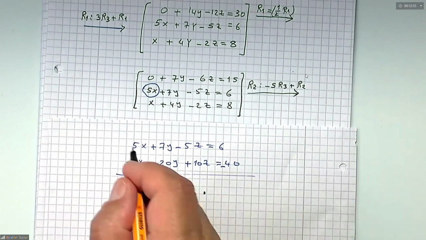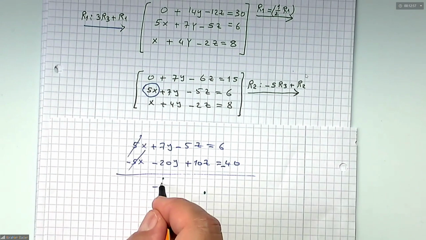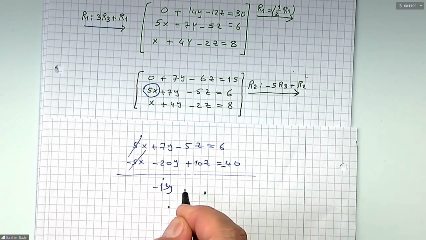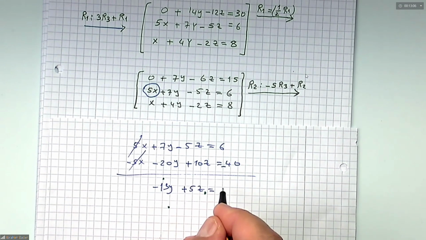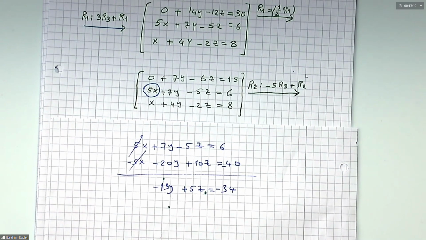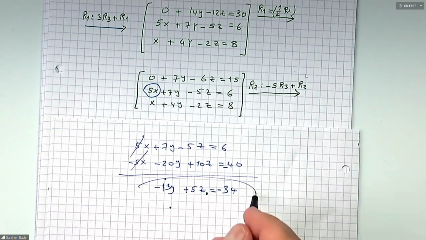Okay, so this will cancel out. So here I have negative 13y, and here minus becomes positive 5z, and here I have negative 34. Okay, so this is what I'm going to replace.